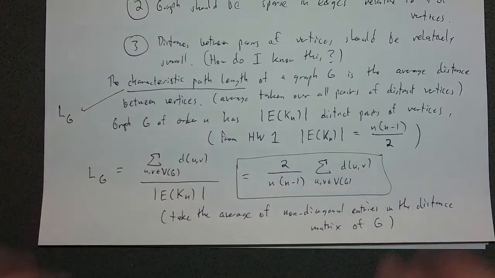So this average path length should be relatively small. That's another thing that contributes to small worldness. Okay. What's the last thing that gives us small world properties?